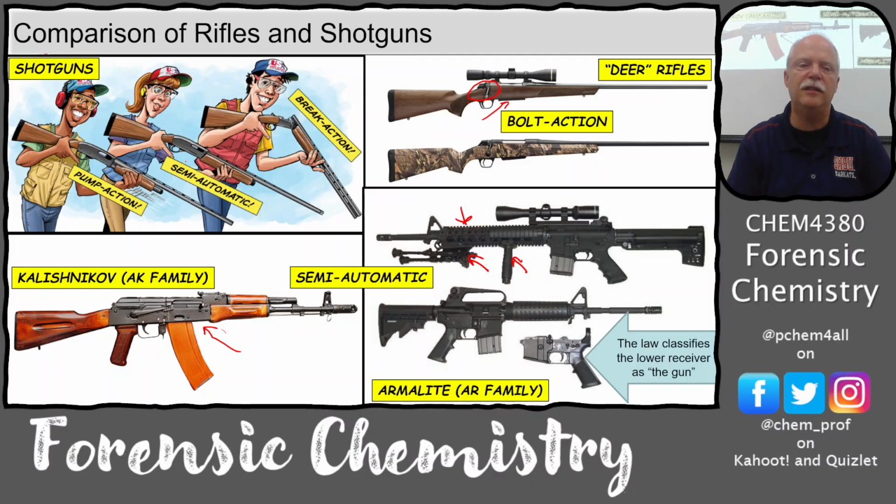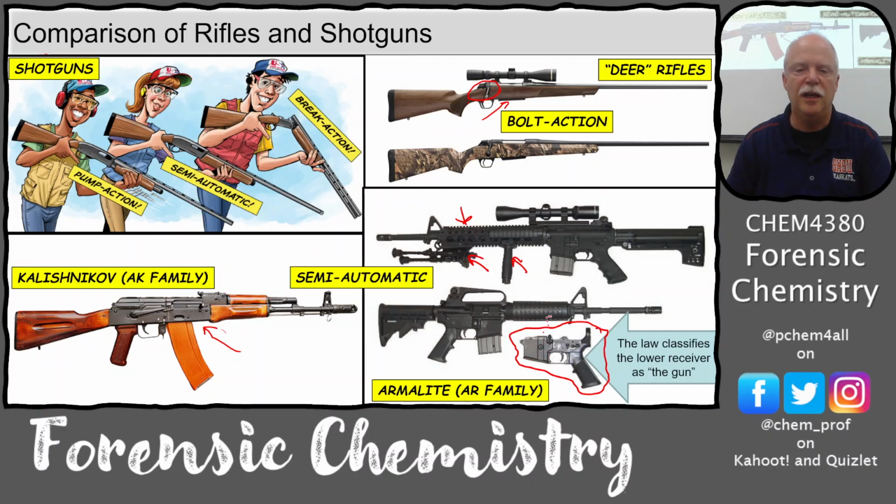Now, what's interesting is in order to define the gun, this is the trigger mechanism and the thing that holds the magazine, and that, according to the Bureau of Alcohol, Tobacco, Firearms, and Explosives, commonly known as the ATF, but it's BATFE, defines this as a gun.